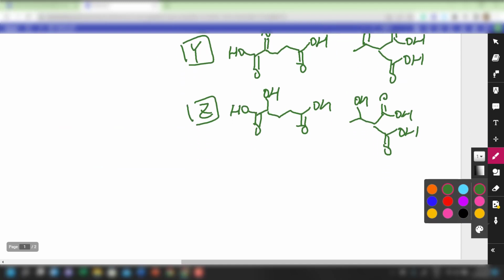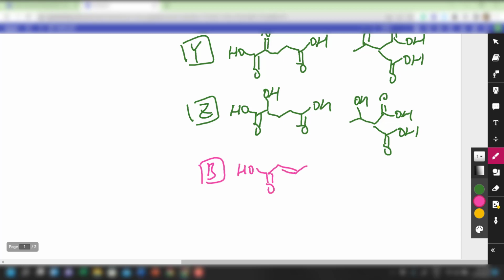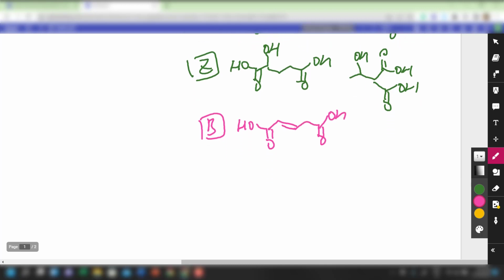If I dehydrate this Z via concentrated sulfuric acid, potentially I can exhibit cis-trans isomerism. Am I right to say that? I can have this as the trans, and then the other one will be the cis.